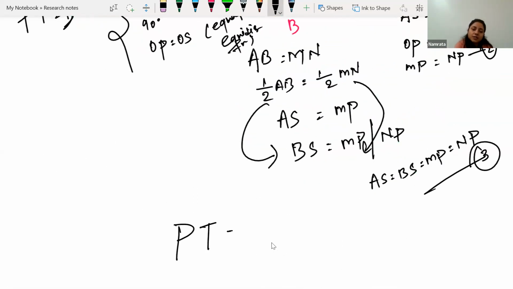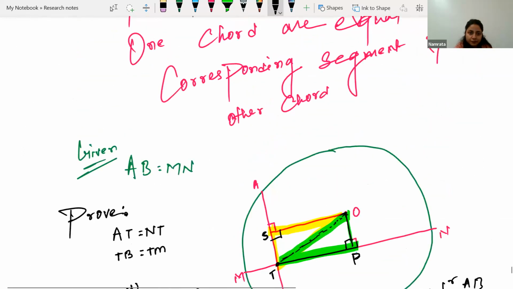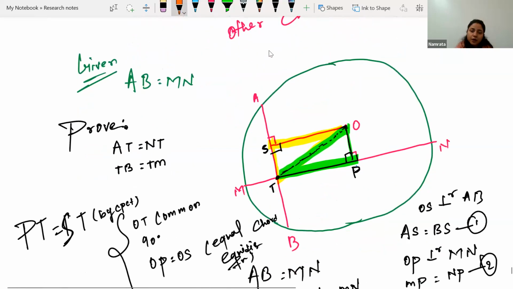We are saying that PT is equal to ST. Let me write it over here so that we can keep our eyes on the figure. PT is equal to ST, which we got by CPCT, and we also know that AS, BS, NP, MP are all the same, which we have already found.